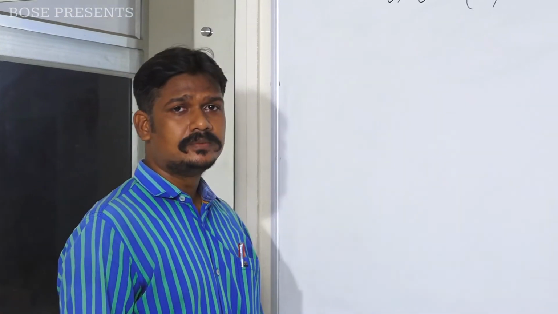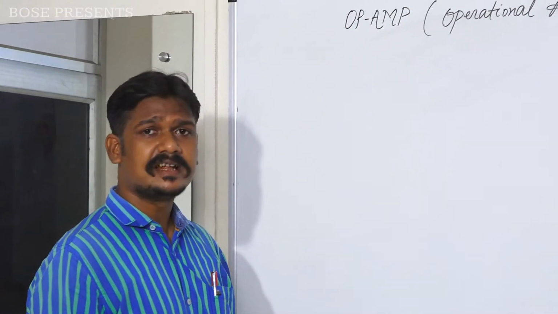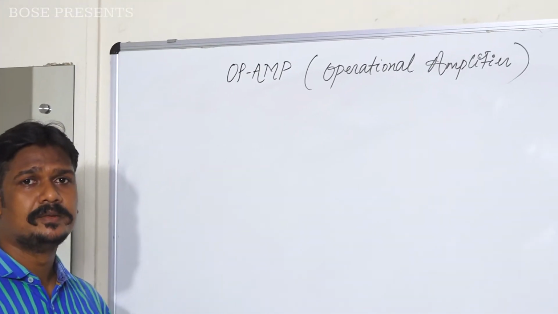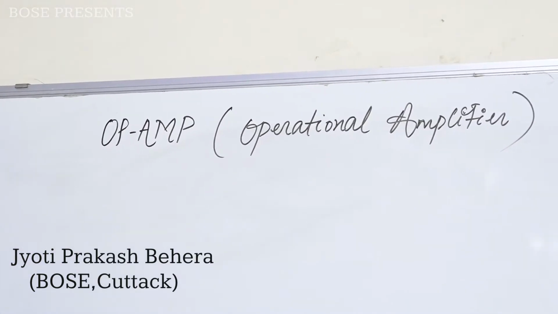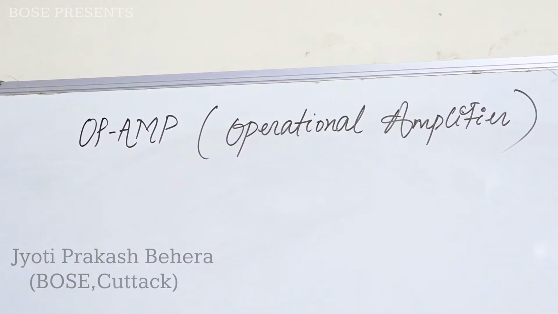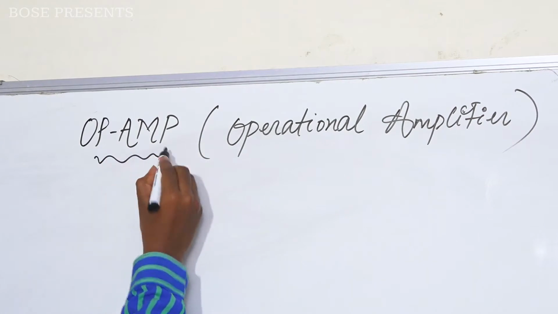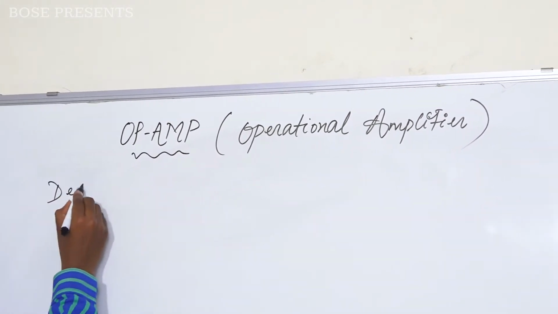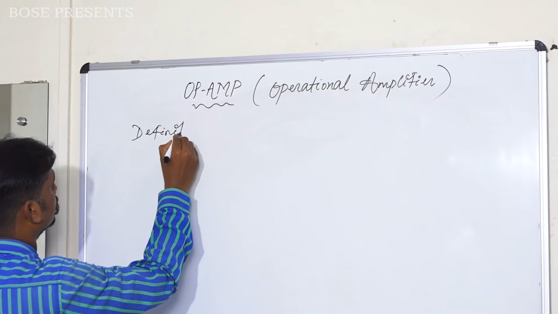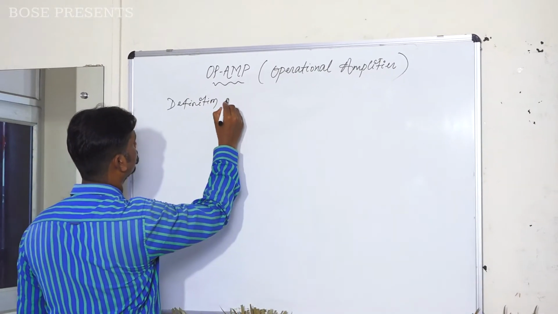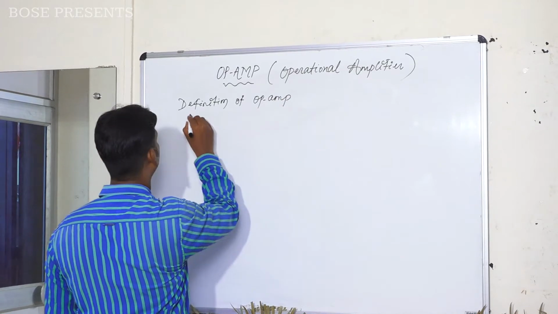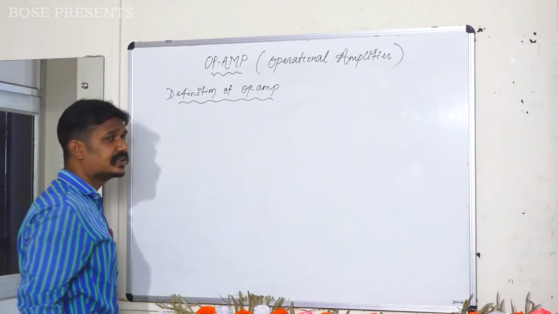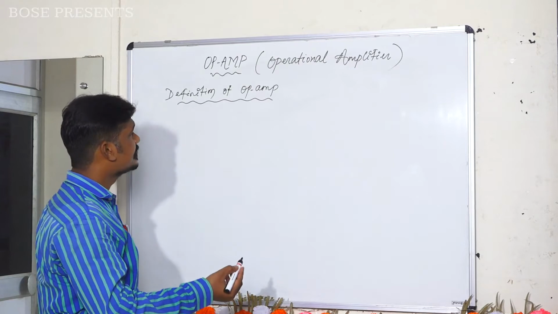Today I will teach you about operational amplifier, which is the most important subject of analog electronics and linear IC. So let's start with the definition of op-amp. Before that, we know what is an amplifier.